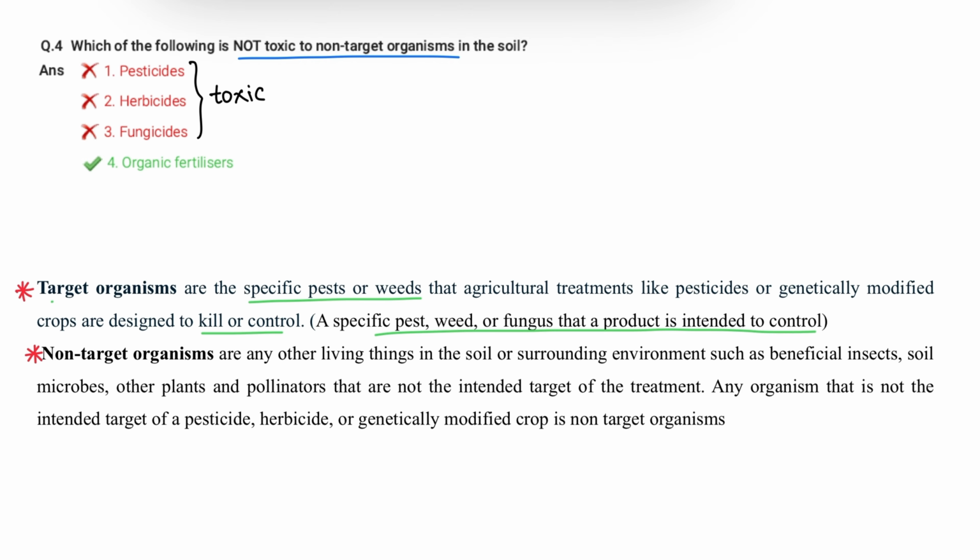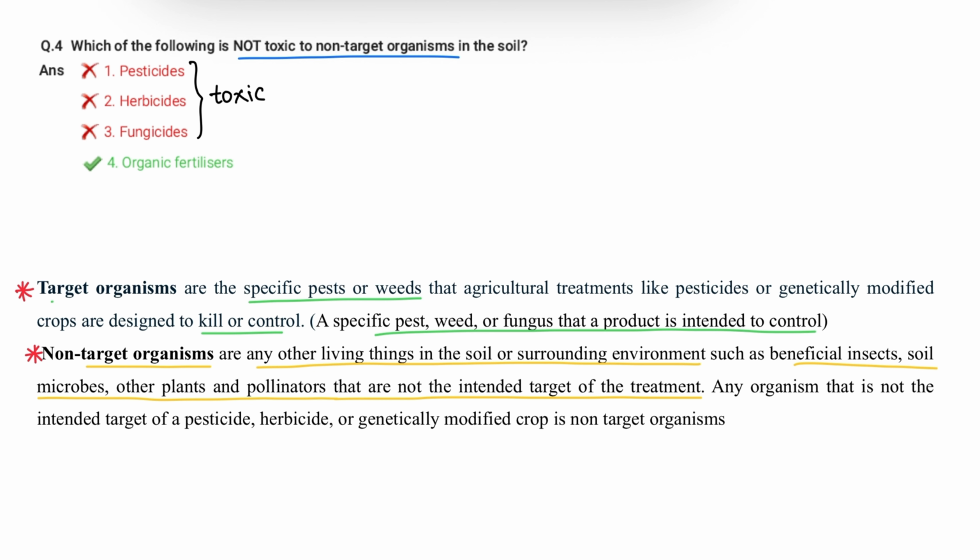Non-target organisms are any other living things in soil or the surrounding environment, such as beneficial insects, soil microbes, other plants and pollinators that are not the intended target of the treatment.